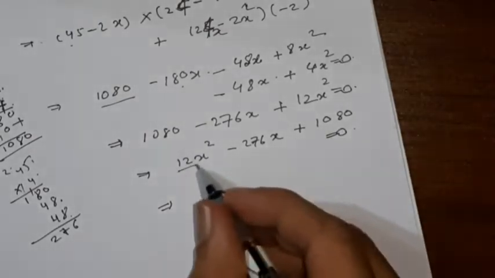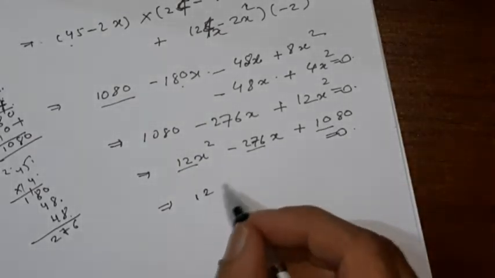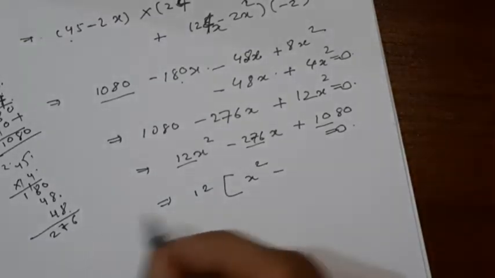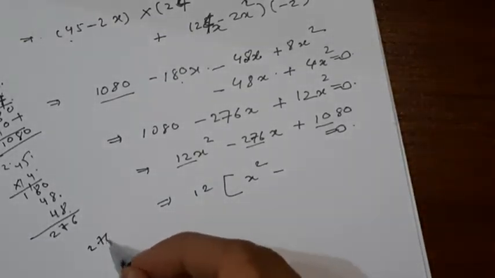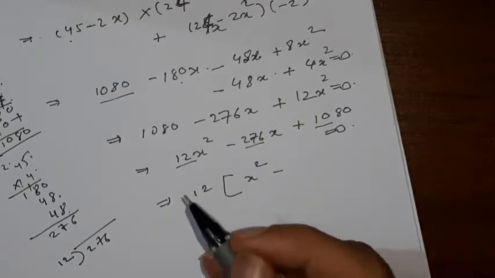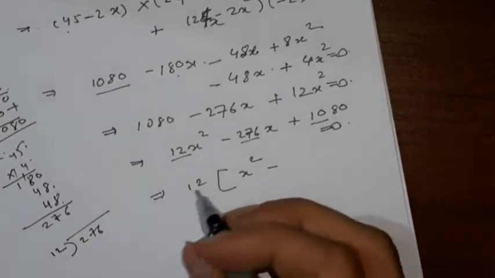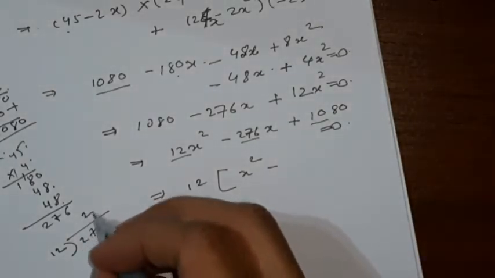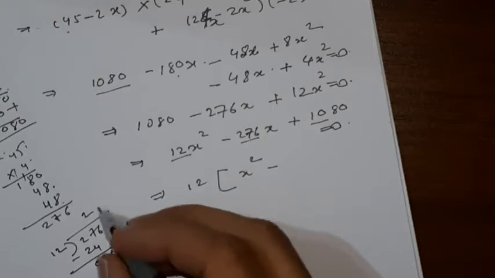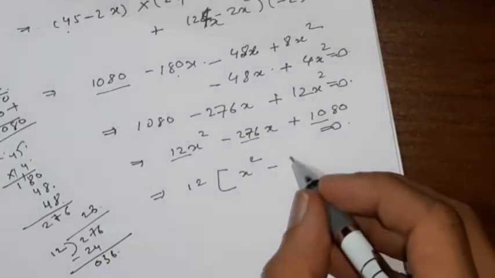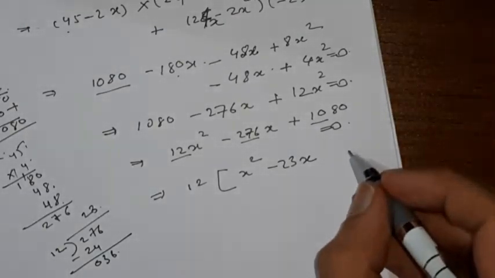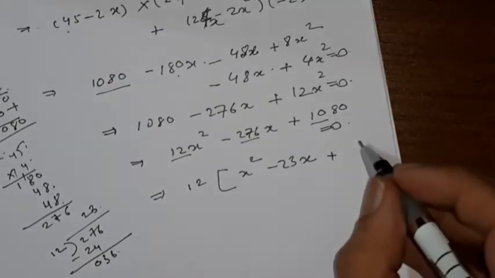Now we can take 12 common, so 12 multiplied by x square minus, see 276 is there, we have to divide it by 12. 12 twos are 24, 3 remains and 6, so 12 3s are 36. So 23x plus 1080 is there.